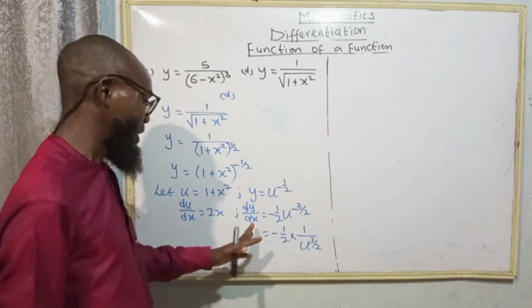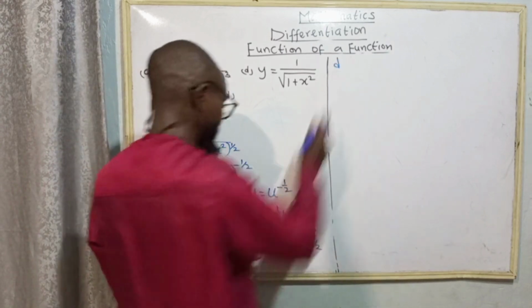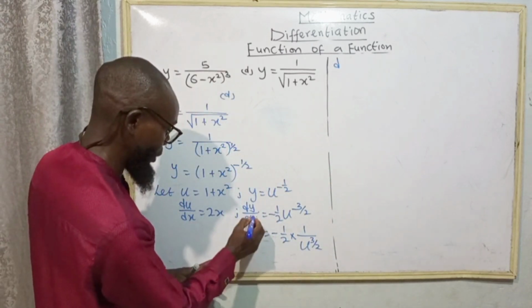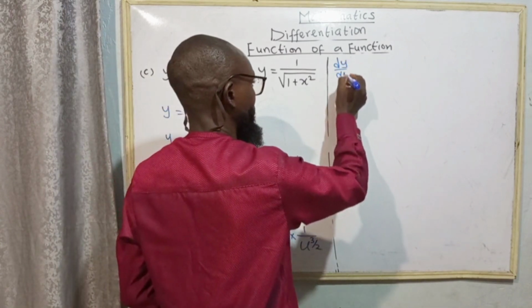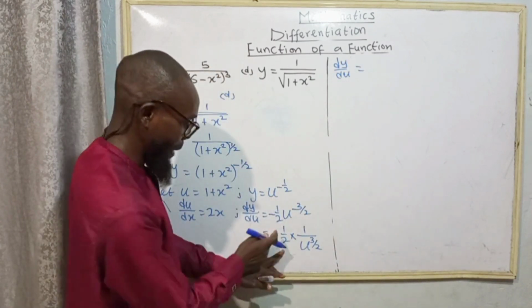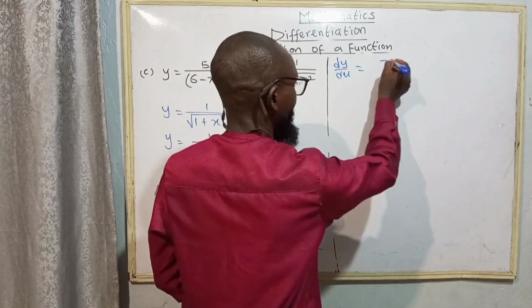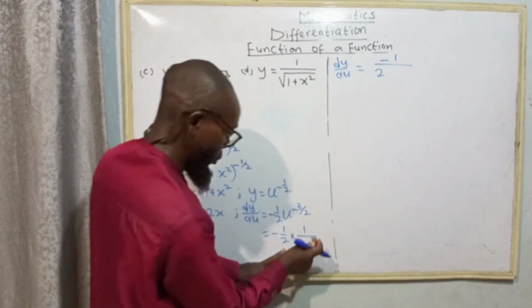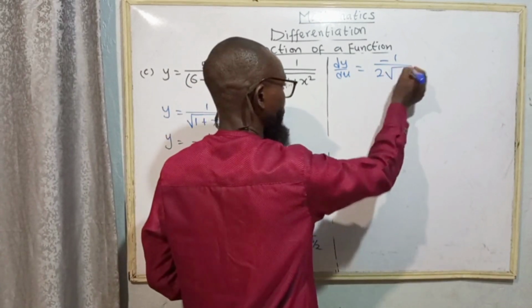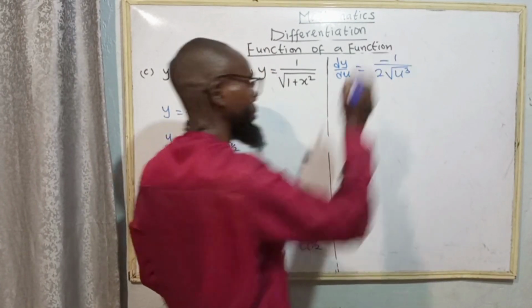Now our dy/du, because we're working with a function of u, equals minus 1 over 2 times square root of u to the power 3.